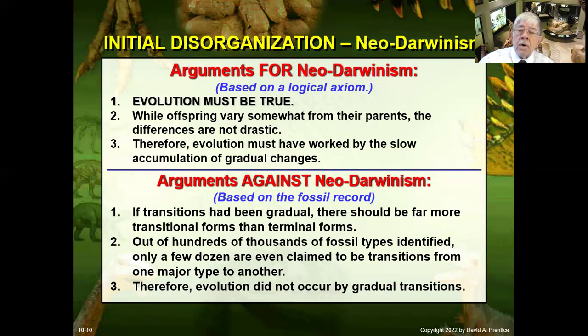There should be something on the way up to becoming a dog or a cat or a human, any number of things. There should be far more transitions than final or terminal forms. But out of hundreds of thousands of fossil types identified, at least 250,000, only a few dozen are even claimed to be transitions from one major type to another. So this would be used as an argument that says evolution did not occur by gradual transitions.